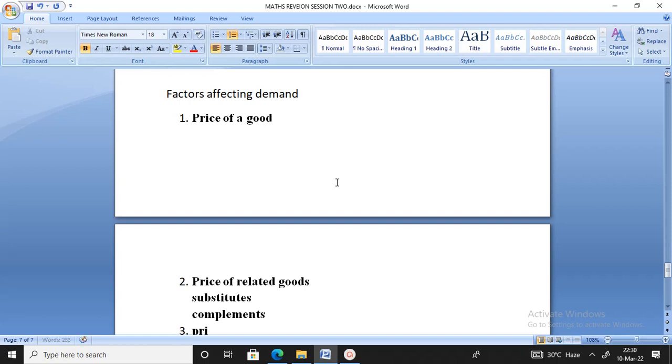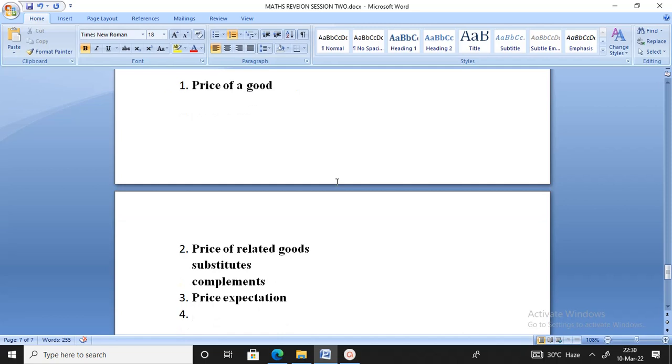The other thing that affects demand is price expectations. When you are expecting prices to increase in the near future, you tend to buy more now because you want to beat the price increase, and that will force demand to increase, and eventually prices will increase.